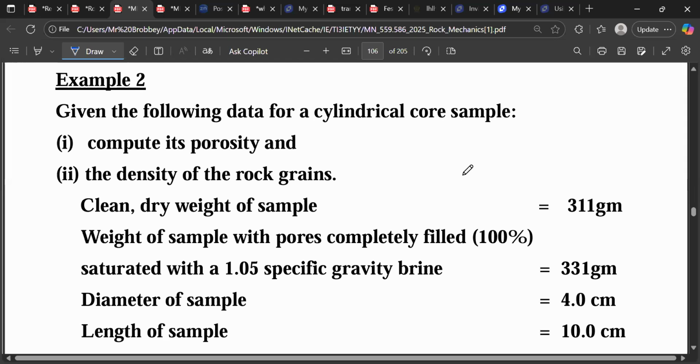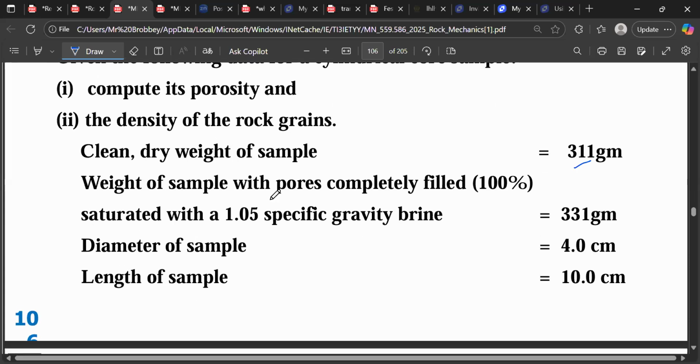The second example, another one to wrap our heads around. Given the following data of a cylindrical core sample, one, compute its porosity and the density of the rock grain. The second one is that the clean dry weight of the sample is 311 gram.